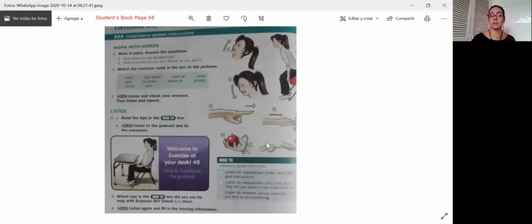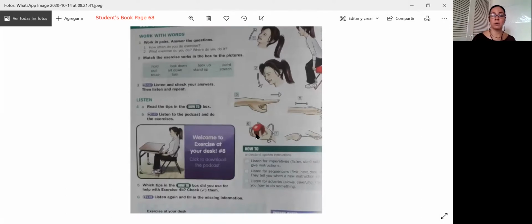To hold something, this person holds a ball. So that would be number 6, to hold. Pull. Here is to pull. My copy is not too clear there, but that is number 10. She's pulling something.